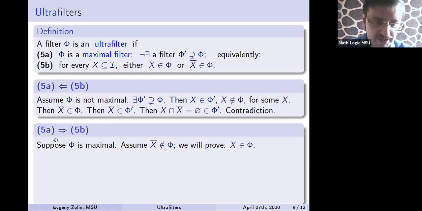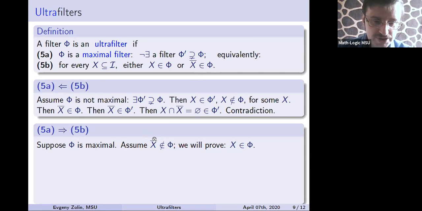For the converse implication, assume that phi is maximal. We don't have bigger filters. Let us take some set X. We need to show that either X or its complement is an element of phi.